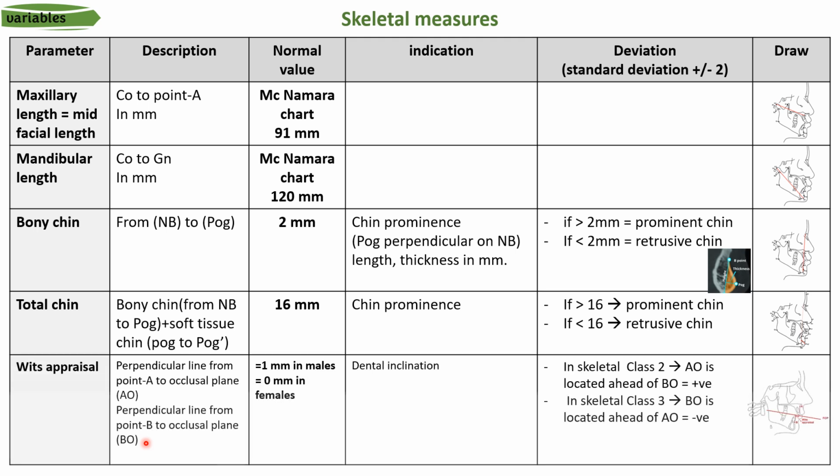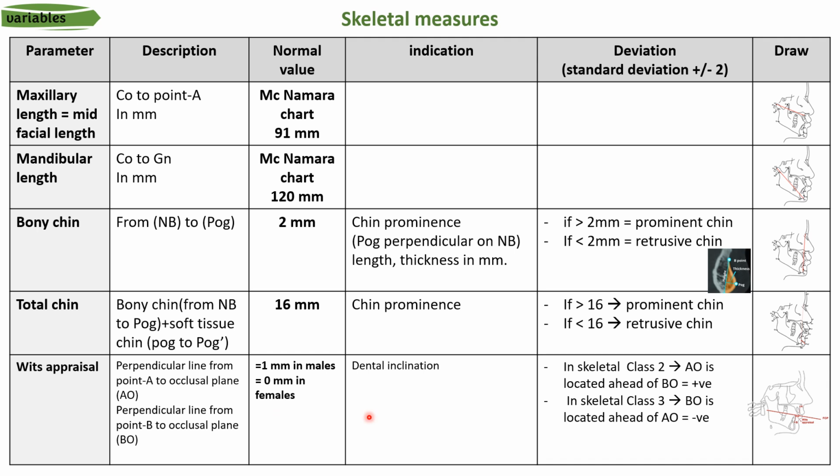Width appraisal can be measured as follows. You draw a perpendicular line from point A to the occlusal plane, and then you draw another perpendicular line from point B to the occlusal plane, and you measure the distance between these two lines. It should be from 0 to 1 millimeters.